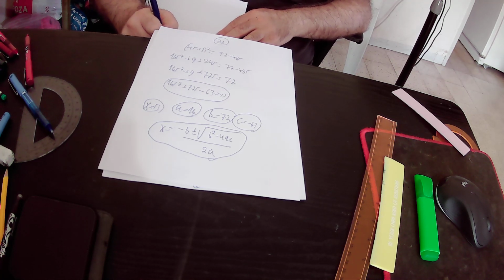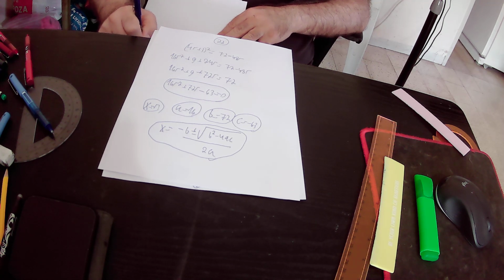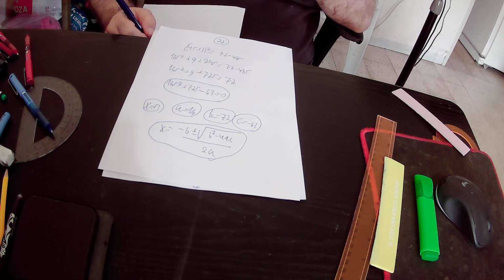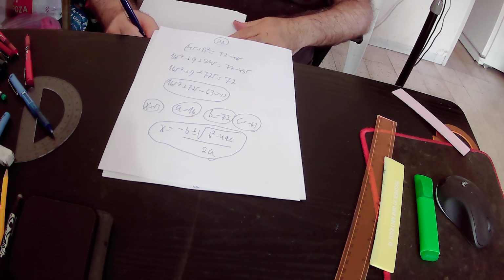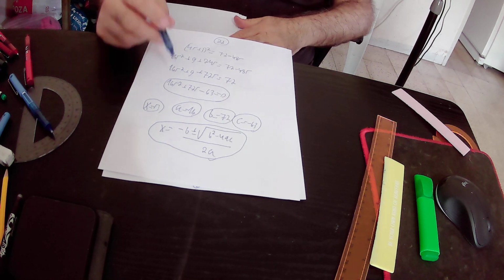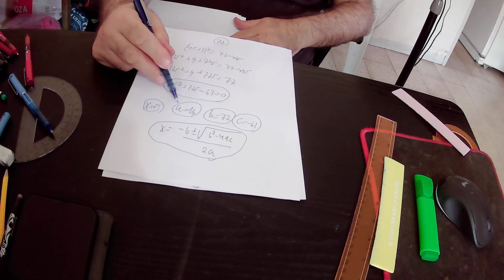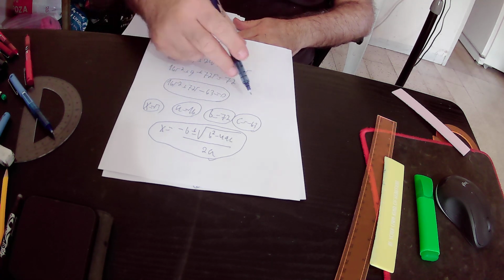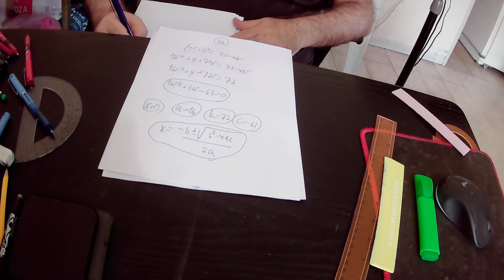Minus 72 plus minus root of b squared, 72 squared is 5,184, minus 4 times a times c. 4 times a is 4 times 16, minus 64, times minus 63 is plus 4,032, over 2a, a equals 16, so 2a is 32.